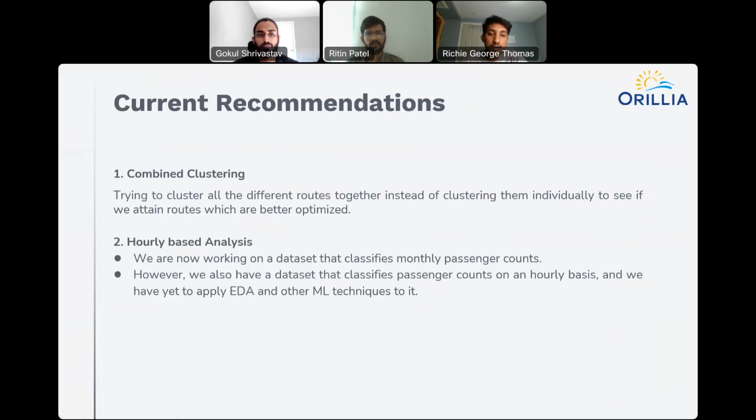And the current recommendations which we have is combined clustering, where we'll plot all the routes together and cluster as a whole to see if there is any change with the current method. And the second recommendation is hourly based analysis, where we'll be checking on an hourly basis for all the routes.